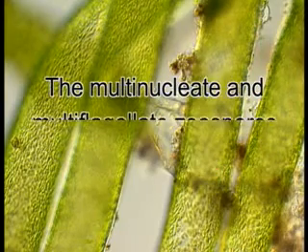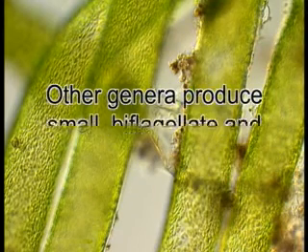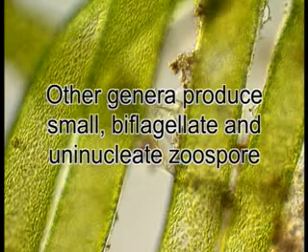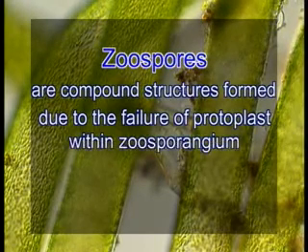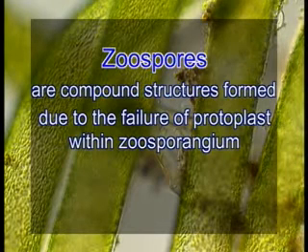The multinucleate and multiflagellate zoospores are peculiar to Vaucheria. All other genera related to it produce small, biflagellate, uninucleate zoospores developed in large numbers in each zoosporangium. The zoospore is of compound structure, formed as a result of the failure of the protoplast within the zoosporangium to divide into uninucleate, biflagellate zoospores.